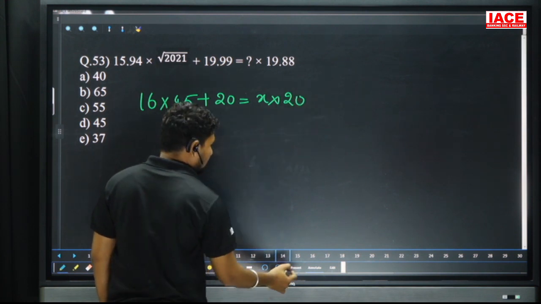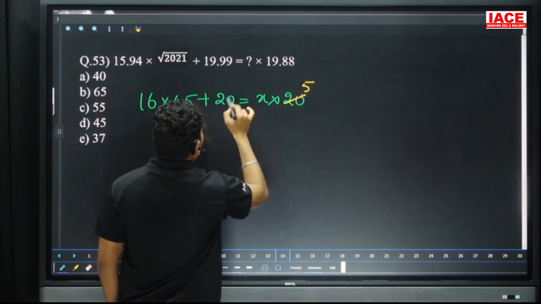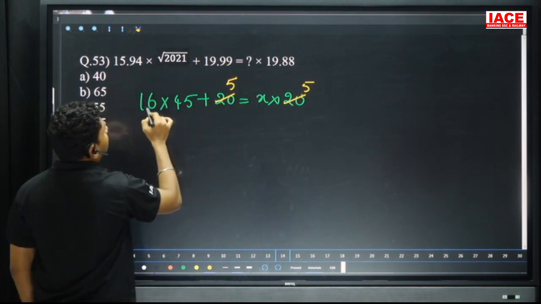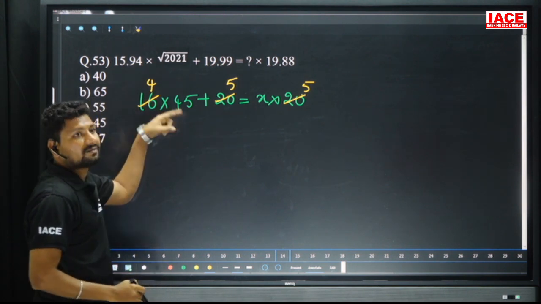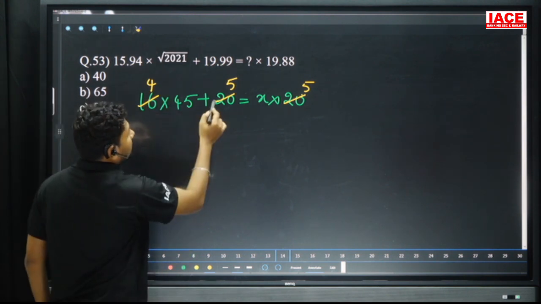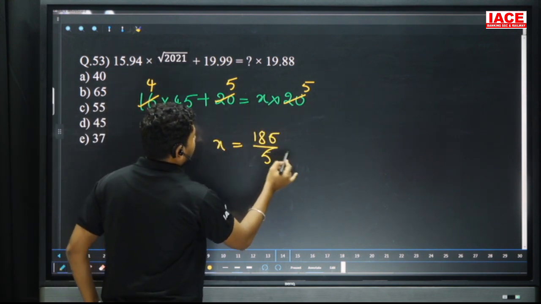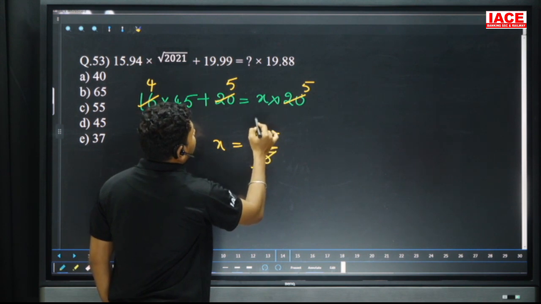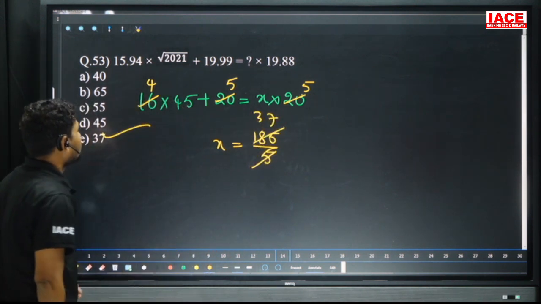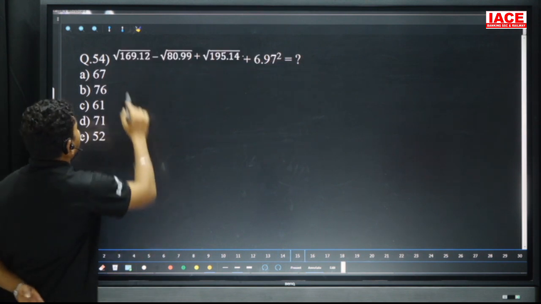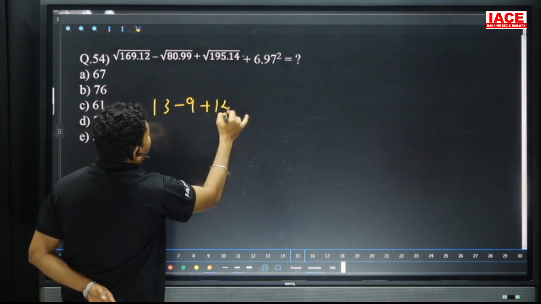And if you want to cancel the numbers, 45 4s are 180, 185, 185 again cancel with 5. So 3s are 15, 5 7s are. Our option is what? 37. Option is E.